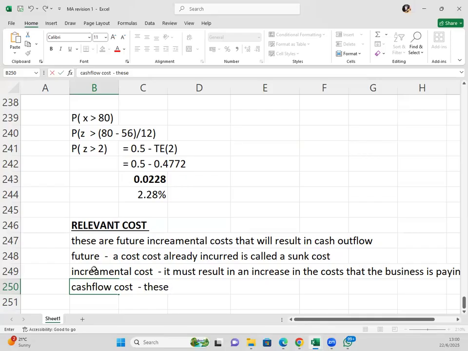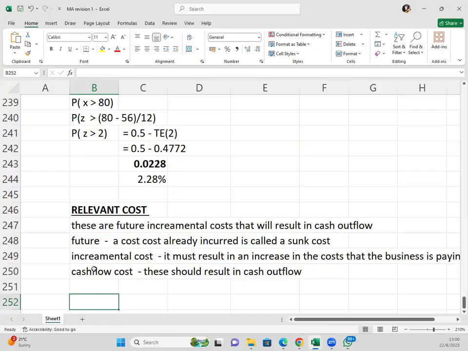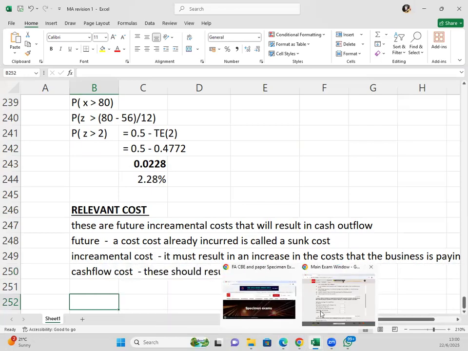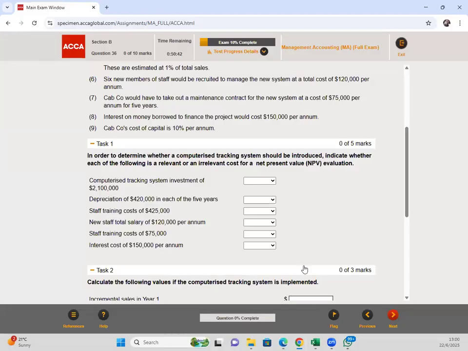These should result in a financial outflow. These should result in cash outflow. So they must result in us losing money as a business if they are relevant costs. So these are the characteristics of relevant costs. Now, let's go and apply these characteristics to our question.